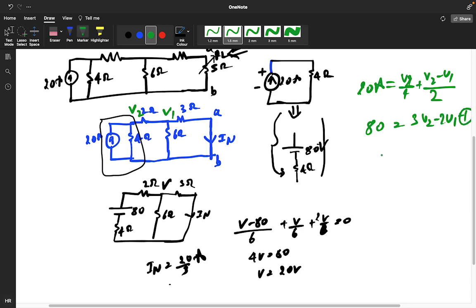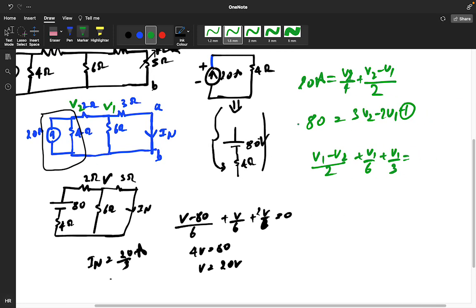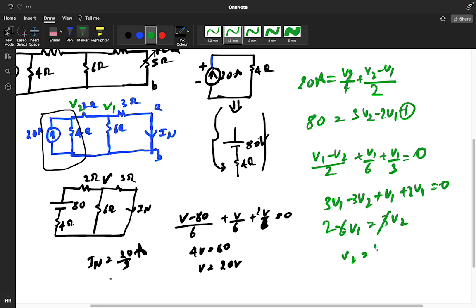Now solve another. (V1 minus V2) by 2 plus V1 by 6 plus V1 by 3 is equal to 0. So 3V1 minus 3V2 plus V1 plus 2V1 is equal to 0. So 6V1 is equal to 3V2. So V2 value is 2V1.